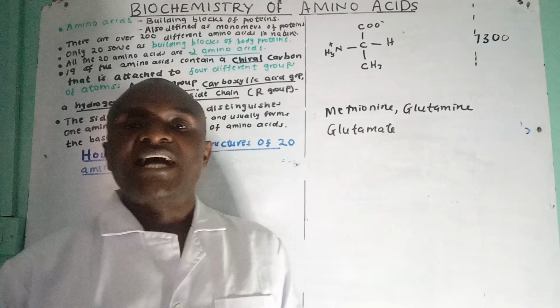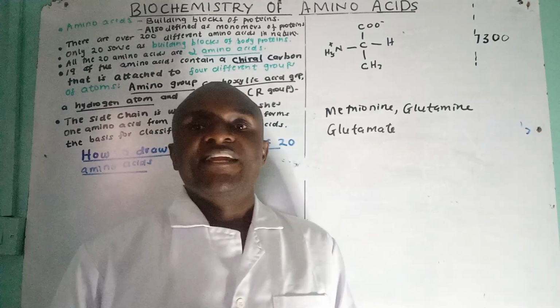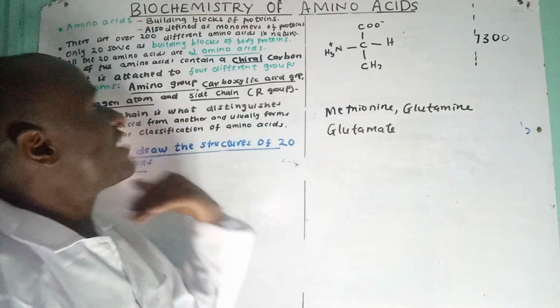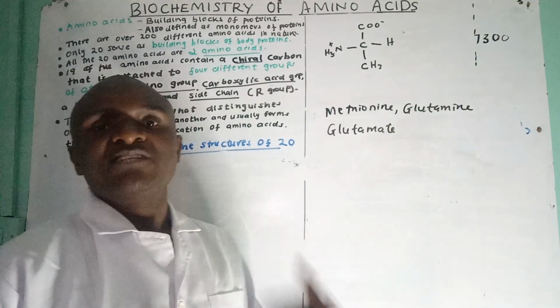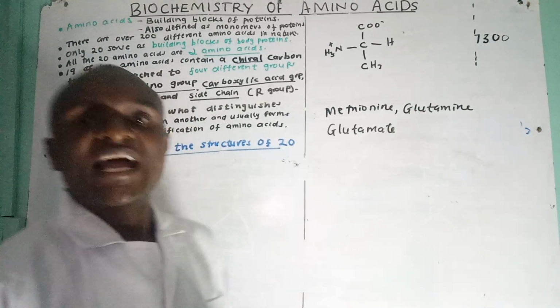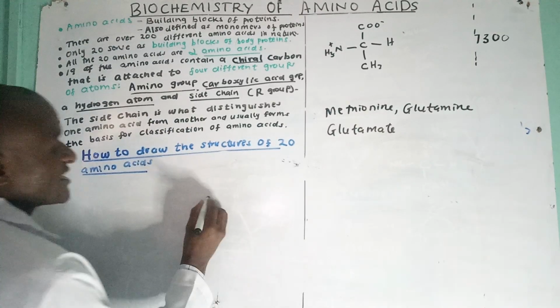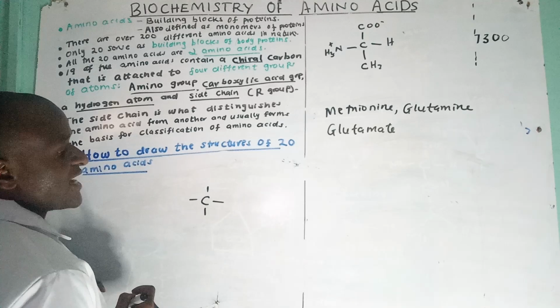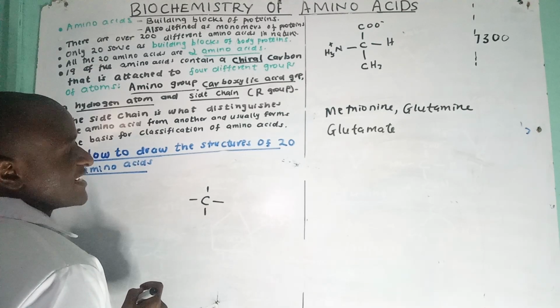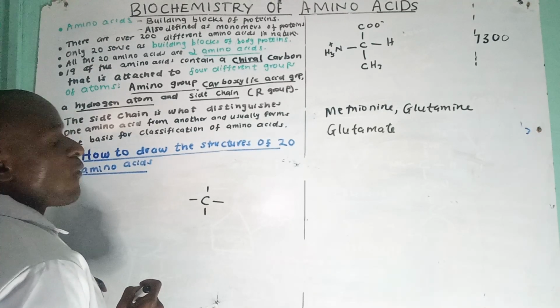Then we also have an alpha carbon, because out of 20, 19 of the amino acids are alpha amino acids. An alpha amino acid refers to an amino acid that has one of its carbon atoms attached to a carbonyl carbon.